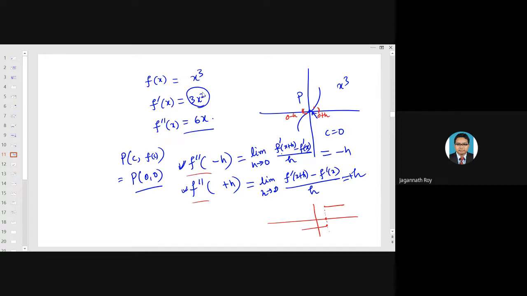At this point, you will not be able to find the first order derivative also. Then how can you go to second orders? So whenever we talk about convexity and concavity, we assume that this point is continuous at that point.